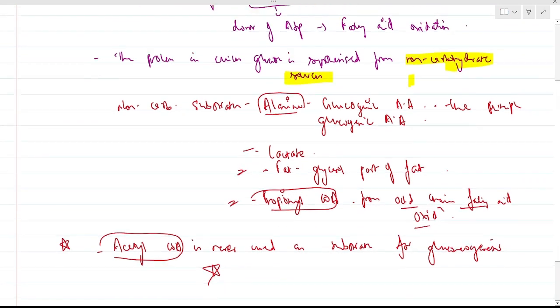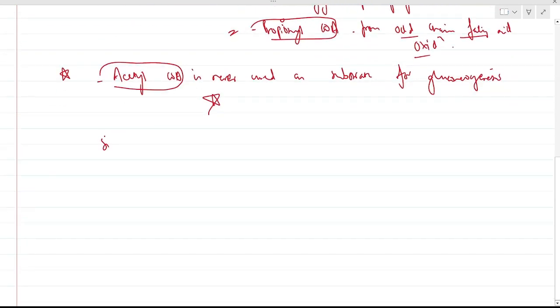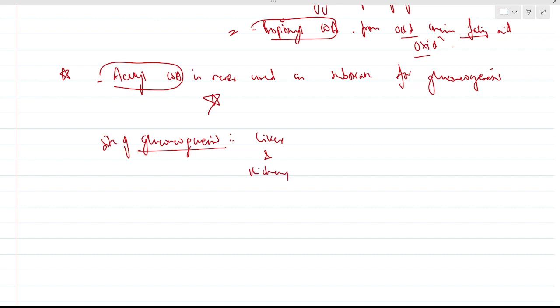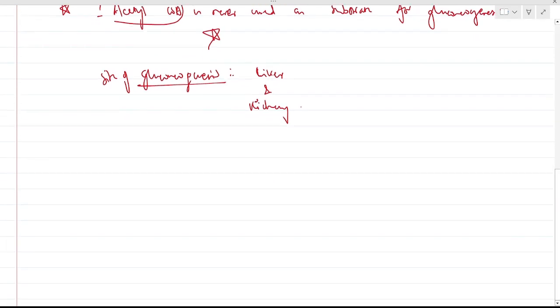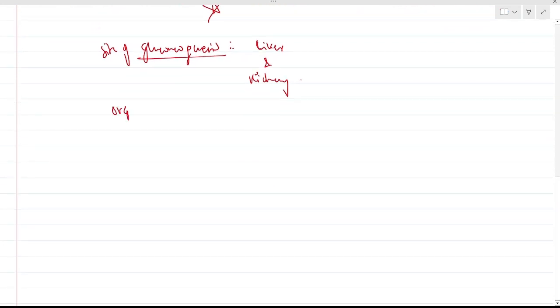Now the site of gluconeogenesis. Our all important site is the liver, and along with it the kidneys. So in liver and kidneys gluconeogenesis takes place. As for the organelles, three are involved: cytoplasm, mitochondria, and smooth endoplasmic reticulum.